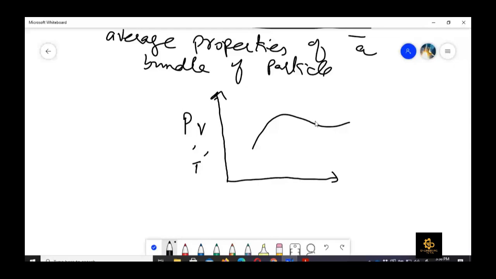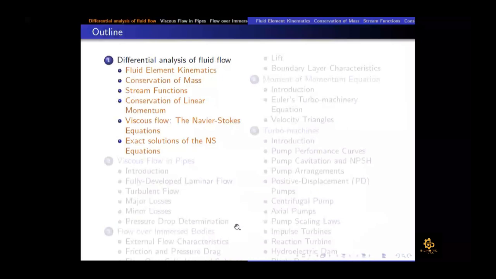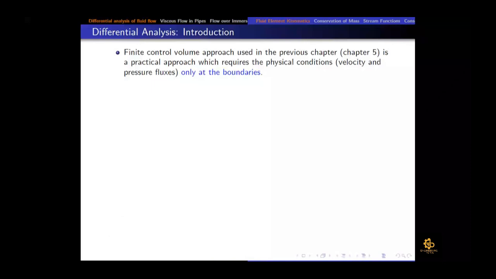And now, if I can quickly give you a basic recap of what we have covered up to now. First of all, differential analysis, why we need it? Because you have already discussed the finite control volume approach, which was chapter number 5. That is the approach which only requires the physical conditions at the boundary.